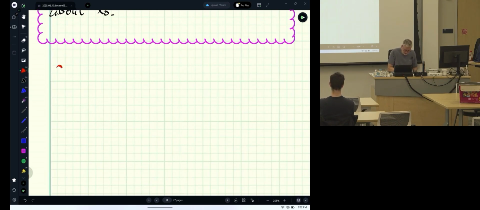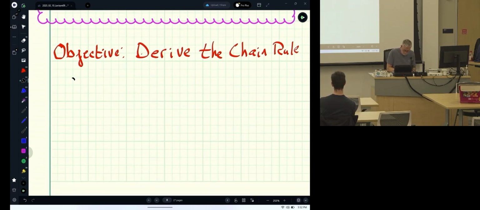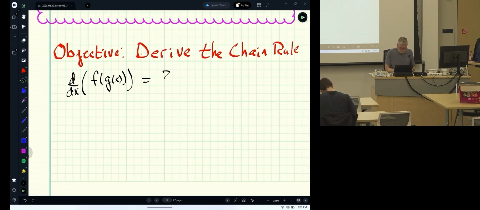Okay, so objective. You want to differentiate a composition of two functions. So what does that equal?